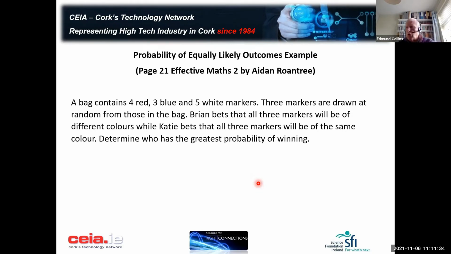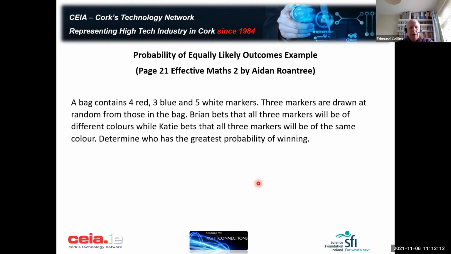Now we're going to be having another poll in a minute or so when we've read through this question, but I'd like you to start doing a bit of work on this before I go through the solution. So I'll be giving you some time to do that. It's an interesting question taken again from Aidan Rountree's book, Effective Maths. It relates to markers contained in a bag.